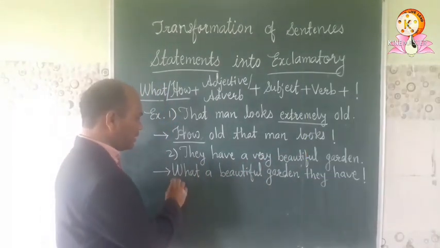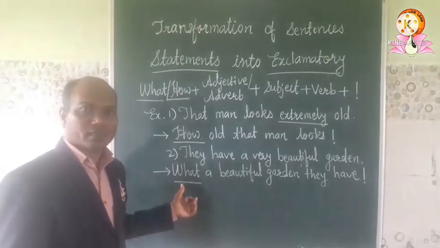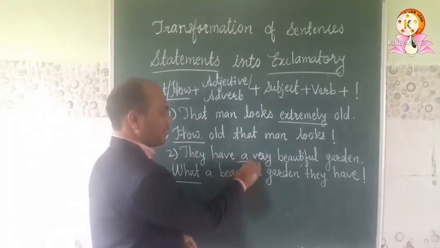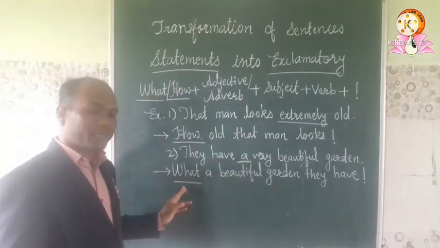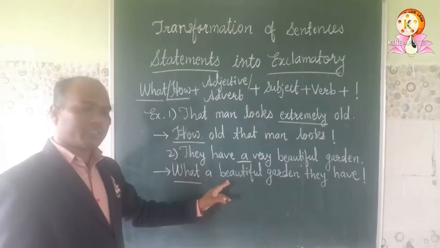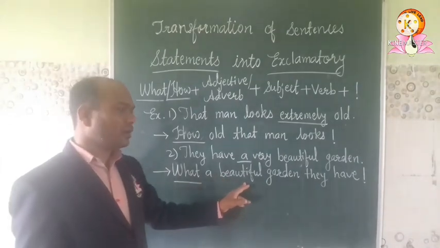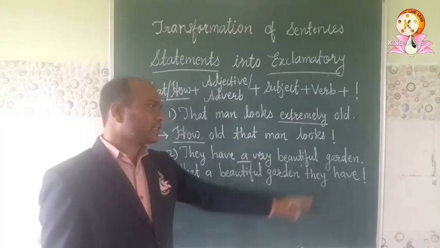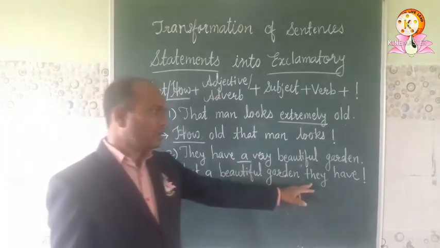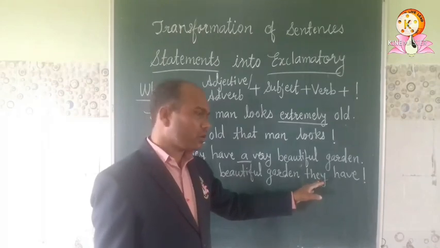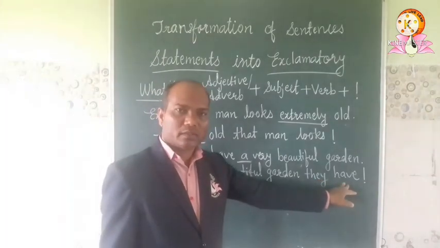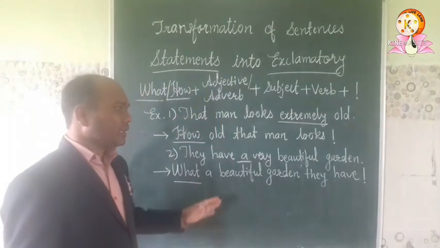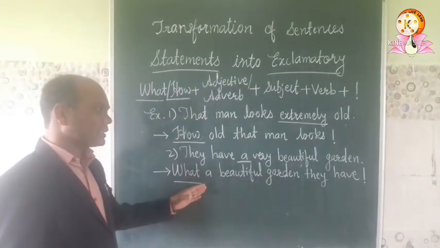Answer, here it begins with "what," because in the given statement there is "a." So here "what." After that the adjective, "a beautiful," then "garden." After that there is the subject, "they," followed by "have," the verb, and it also ends with an exclamation mark. In this way we can write the answer.